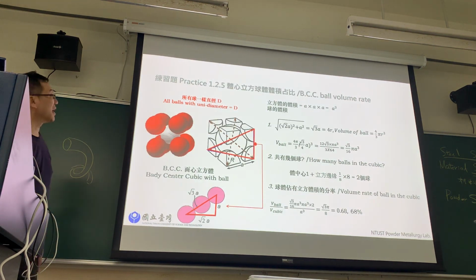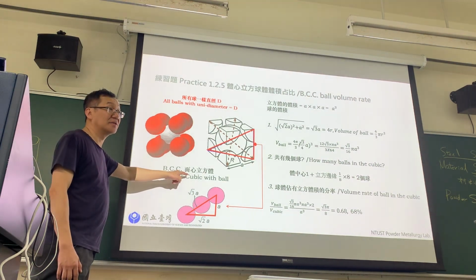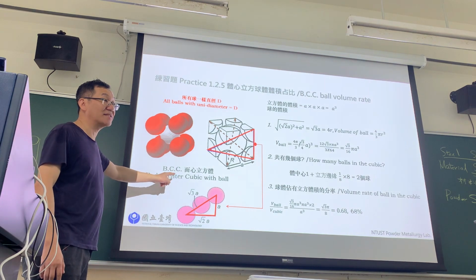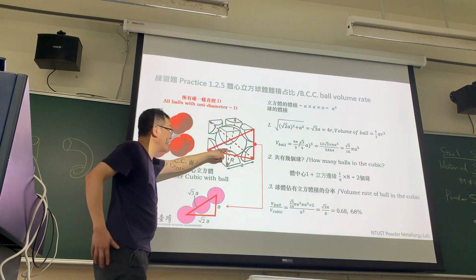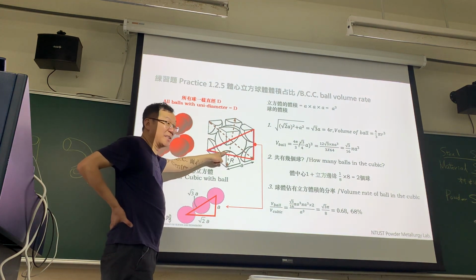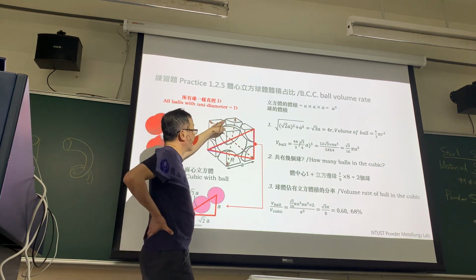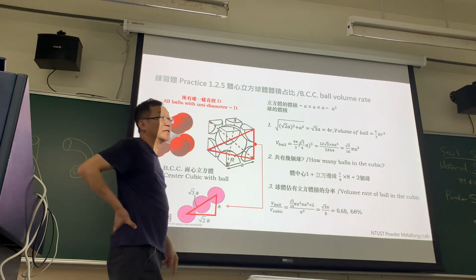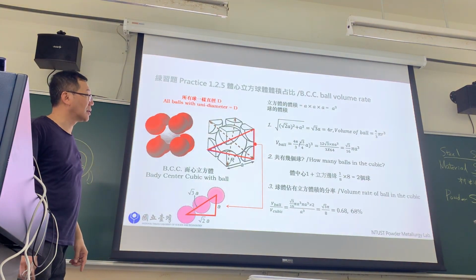Okay, so next, this one is different, BCC. We just remember SC and BCC, body centered cubic. Body centered cubic is where we put one ball in the middle. The other side we put again 1, 2, 3, 4, 5, 6, 7, 8 corners, and total is 2 balls.